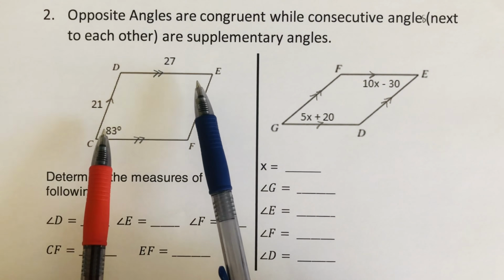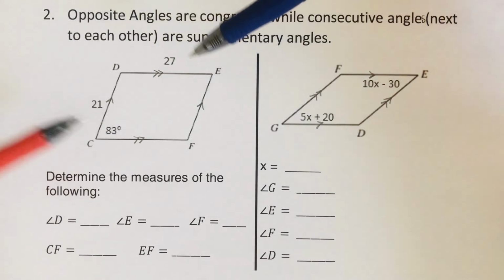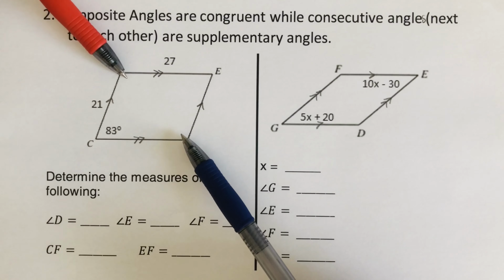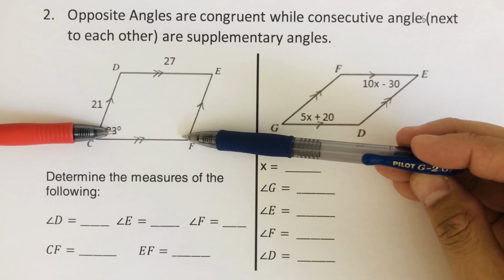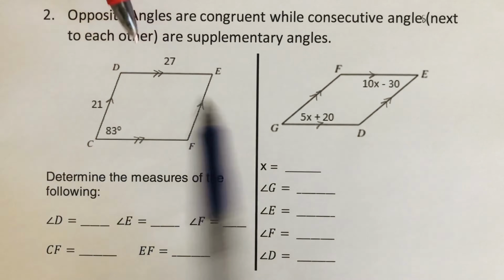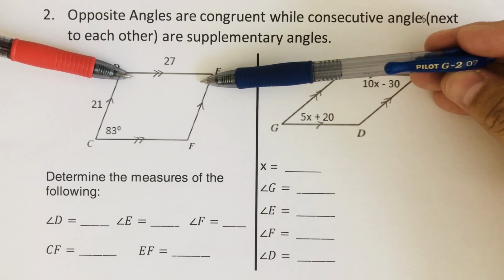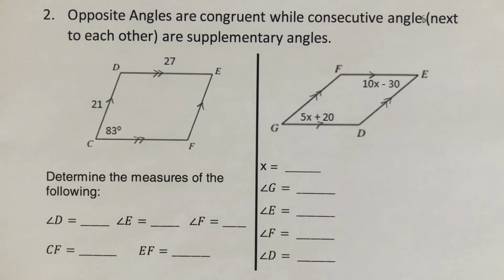These two are opposite angles. These are opposite angles. These two are consecutive angles. These two are consecutive angles. These two are consecutive angles. Consecutive angles means they are next to each other.